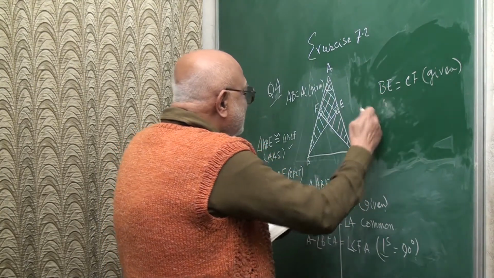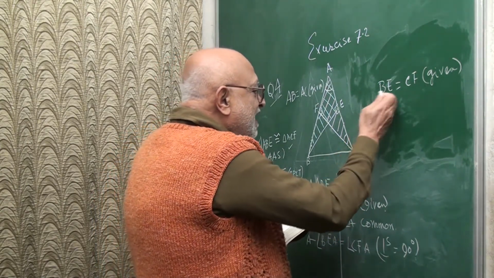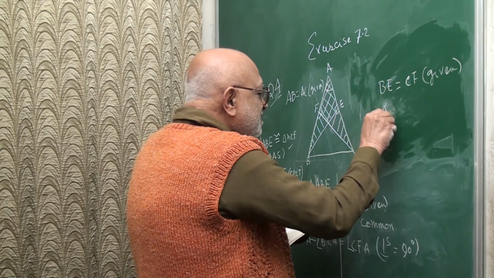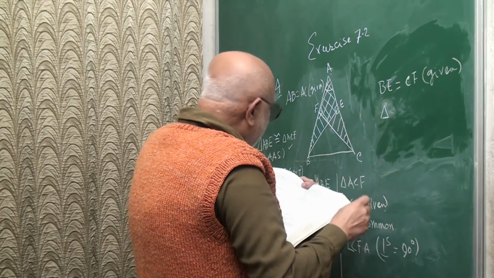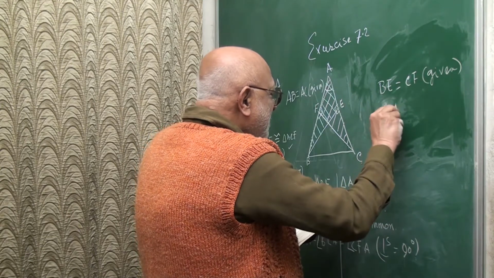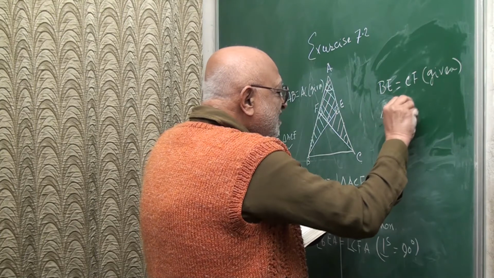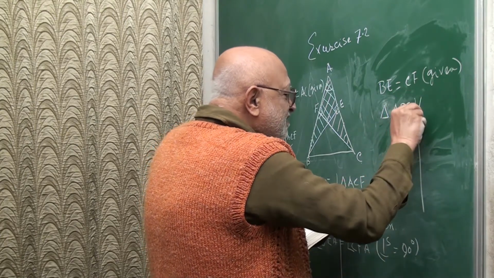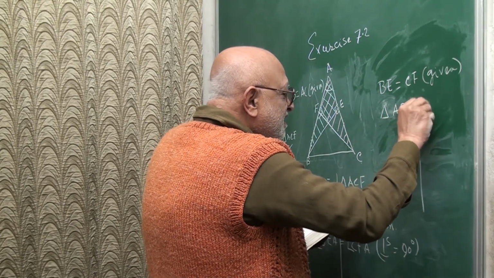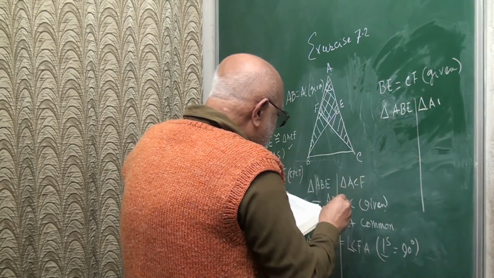So we try with the triangles. Triangles, same thing, A, B, E, and triangle A. Oh, it's given here.